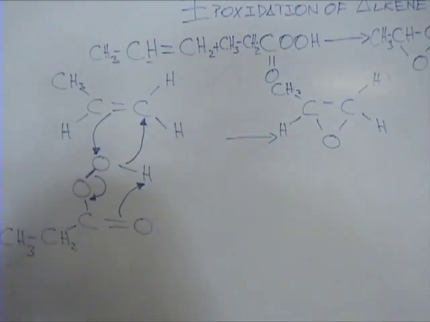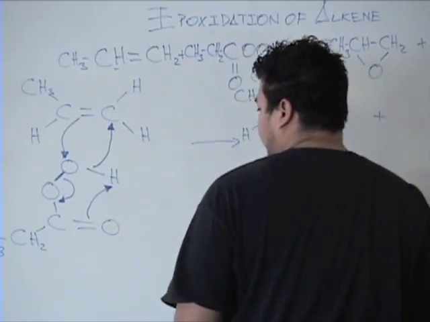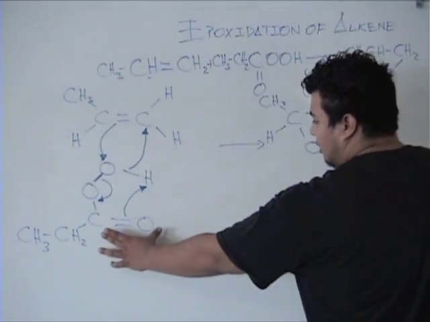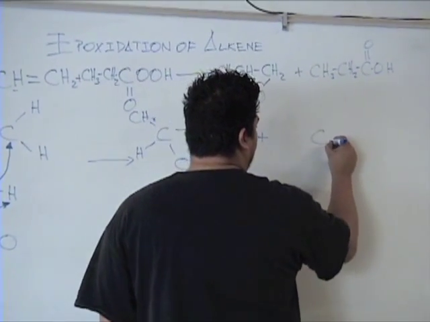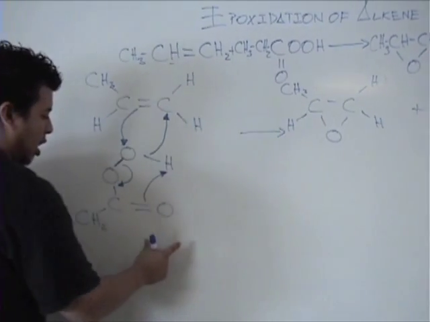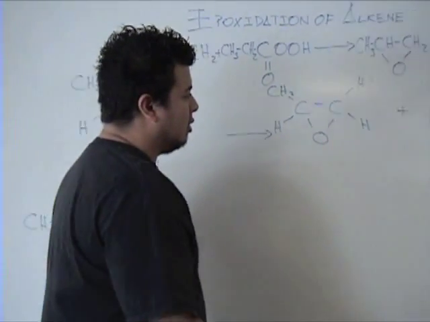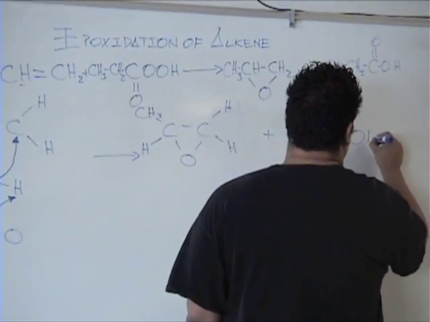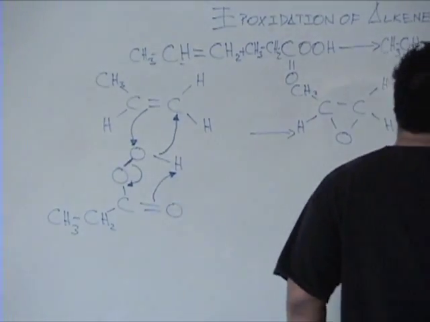two arrows. Now, my other molecule is going to be my carbon-oxygen bond. So I'm going to draw it here, carbon-oxygen. We know that this oxygen picked up the hydrogen, so I'm going to draw it right here, H. Then I have my R group right here.